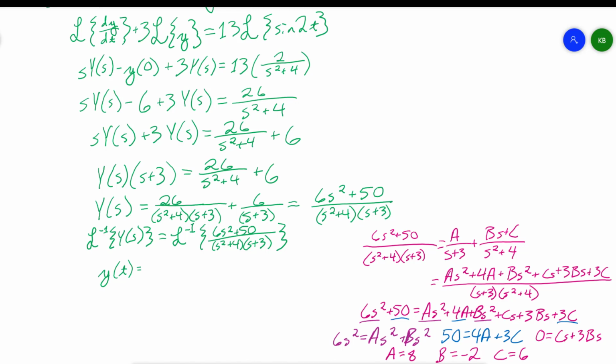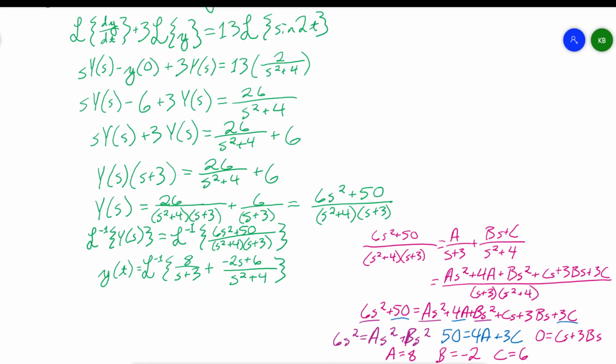So now we're going to substitute back to take our inverse transform of what we've broken down to be a nicer deal. We're taking the inverse transform of 8 over s plus 3 plus -2s plus 6 over s squared plus 4.